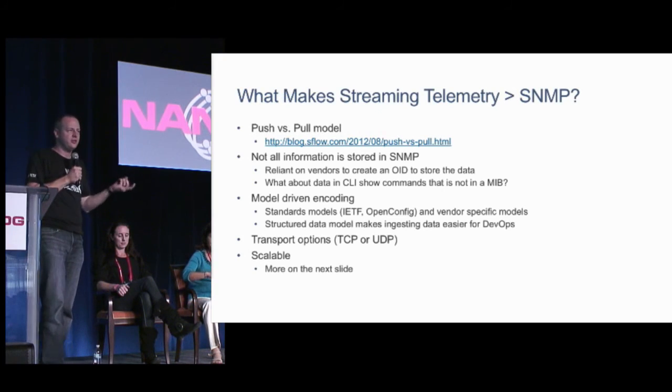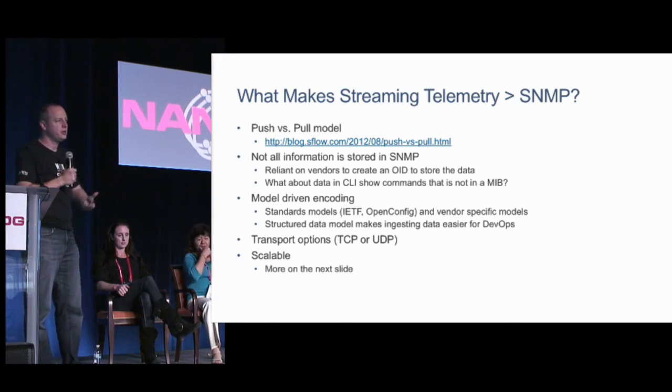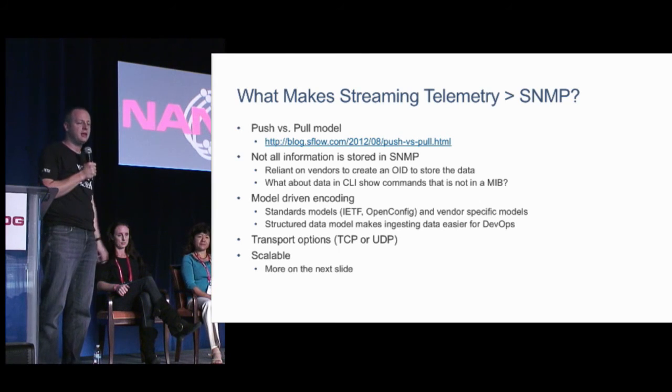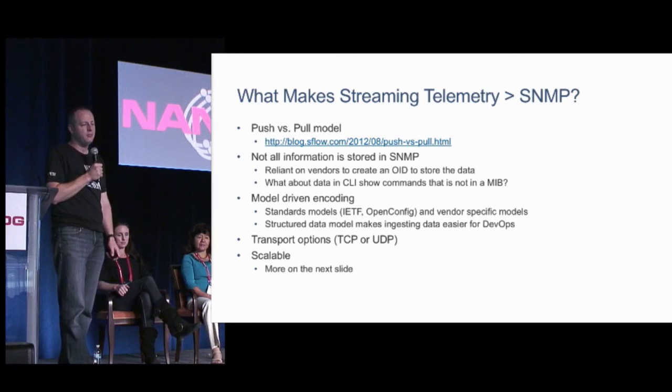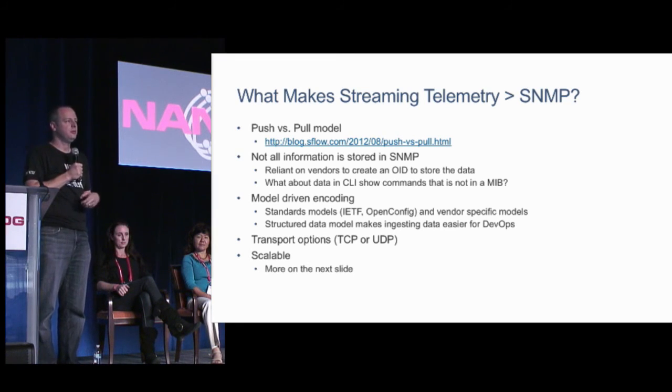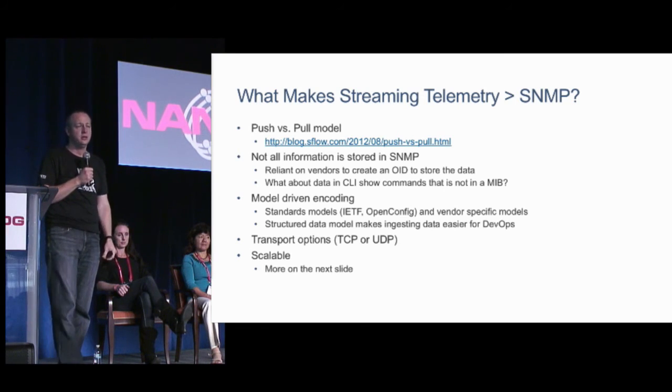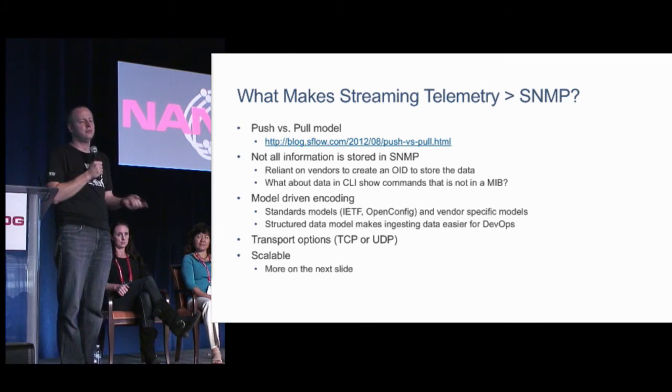So other than the ease of seeing what it is that you're requesting and potentially being able to actually memorize it, what makes streaming telemetry better than SNMP? I think the first thing that always comes up when you hear people talk about streaming telemetry and its value over SNMP is that it's a push model versus a pull model.